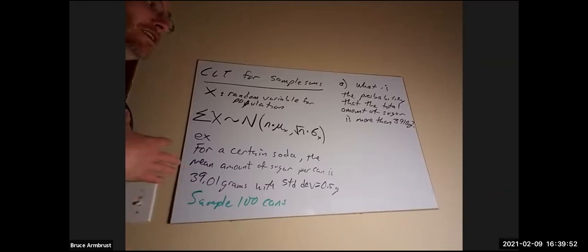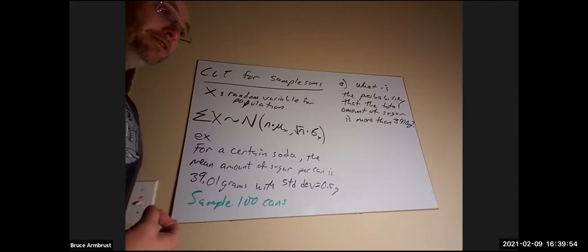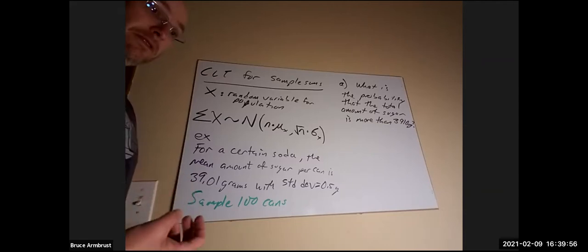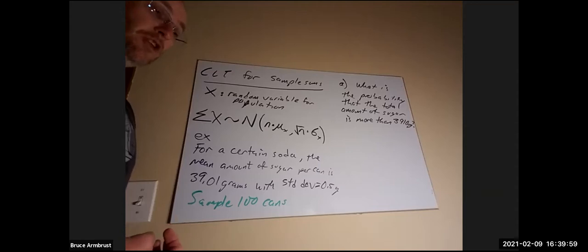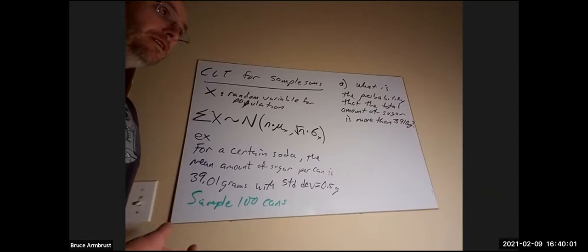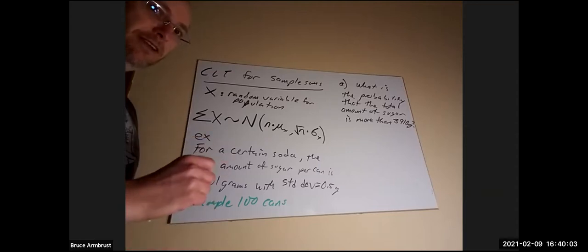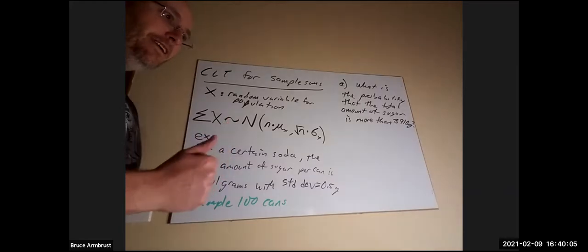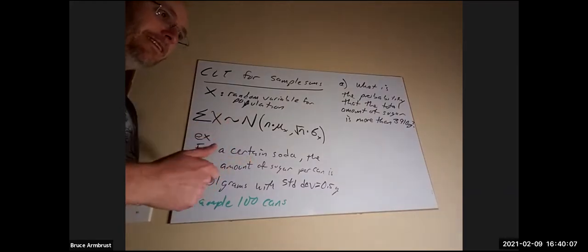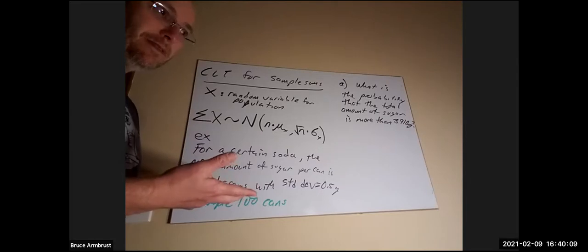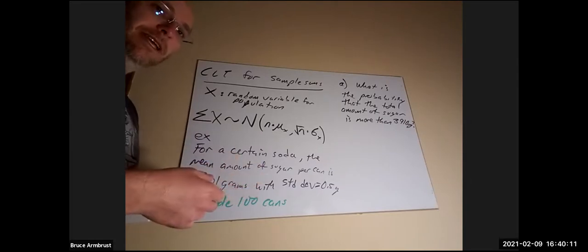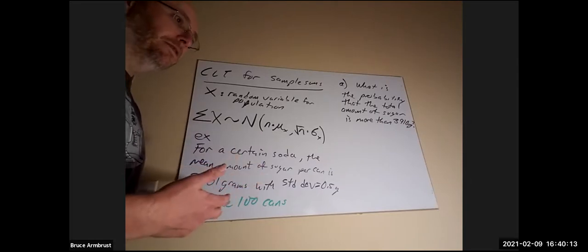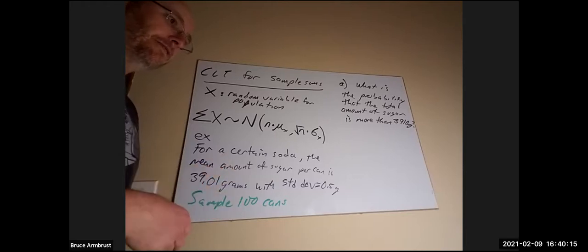Okay, so we know that it's a normal distribution. So we're going to want to use one of the normals. So think about, we have 3 choices. We've got normal PDF, normal CDF, and inverse norm. Right? So let's think about, of those 3, do we want PDF, CDF, or inverse norm?